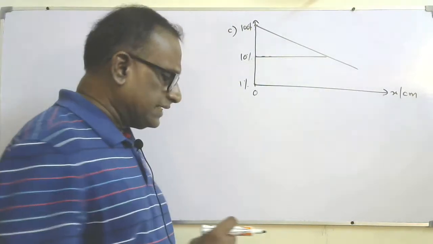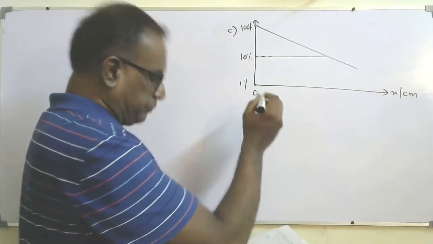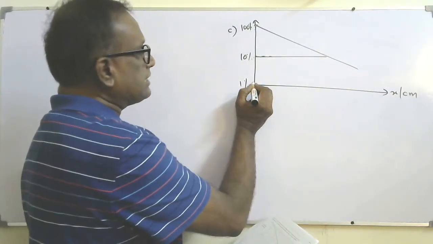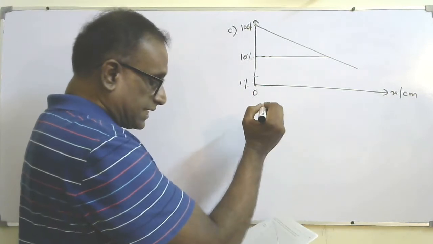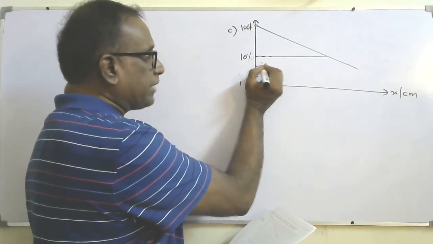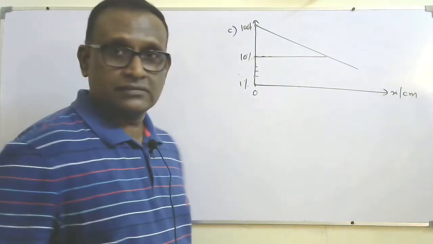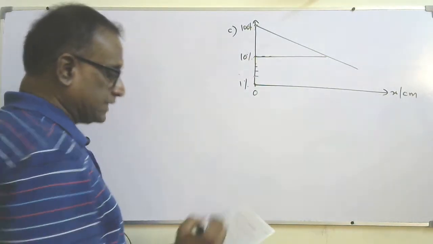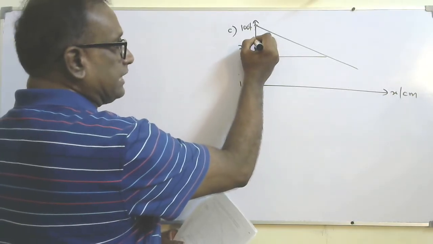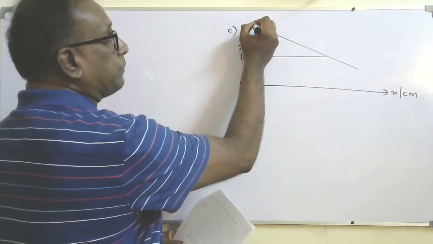So the graph is slightly different. You can see this is 1%. Between 1% and 10%, there are 9 lines. So this is 1%. The second line indicates 2%, next line 3%, 4%, 5%, and up to 10%. See the graph. Then from 10%, the next line is 20%, then 30%, 40%, 50%, up to 100%.